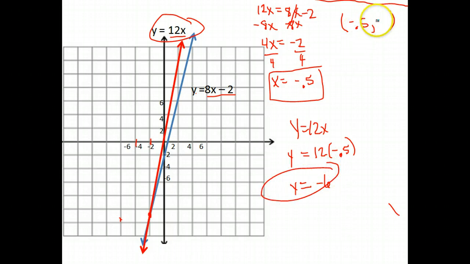So the intersection is at negative 0.5, negative 6, which is about right here. So see, I would have been way off guessing by my graph. That's the hard part that can come up when you are working with graphs.